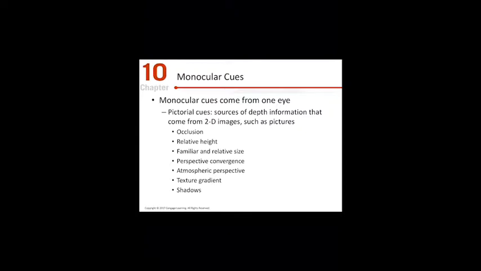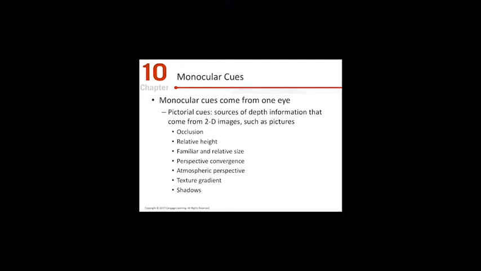Familiar and relative size are all dependent on us having experience and prior knowledge of different sizes of objects. It requires us to know that information ahead of time and have experience with that thing. I'm going to give you an example of an experiment that was done using familiar size.